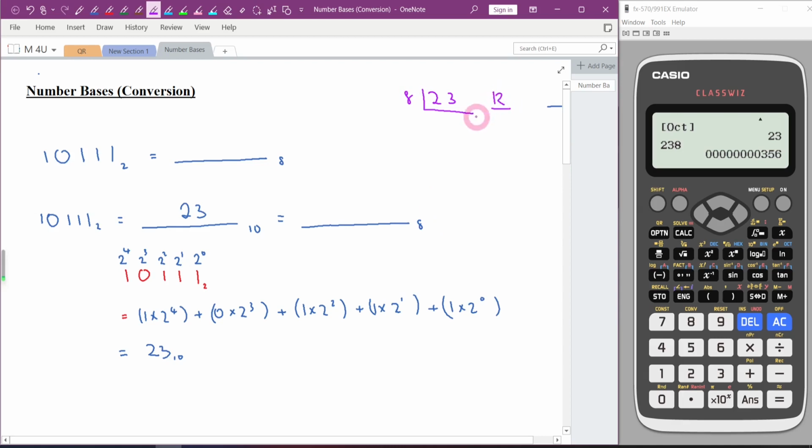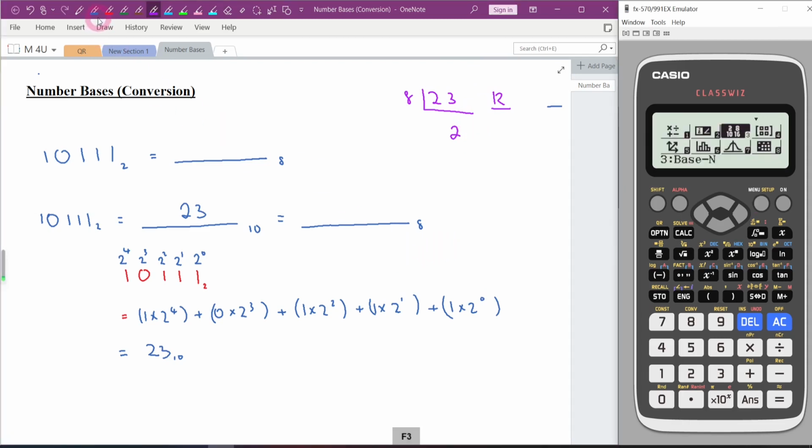Remainder I'm going to write over here. 8 times 2 you will get 16, and 23 minus 16 you will get 7. Then 2 divided by 8, this will get 0, the remainder is 2. When you see 0 here, you can stop. So the answer is 27.